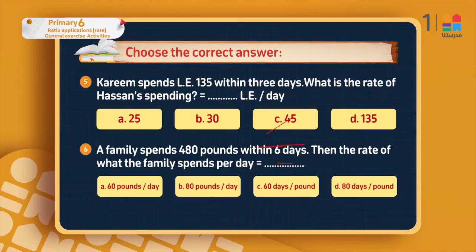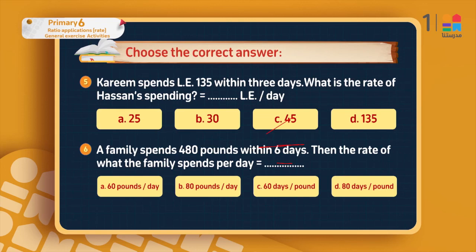What I will do here is make £480 divided by 6 days to know how much the family will spend in every 1 day. So it will be £80 per day or £60 per day or 60 days per pound or 80 days per pound. Look here, the numbers are repeating, but the units are different. So you have to take care about this point, okay?